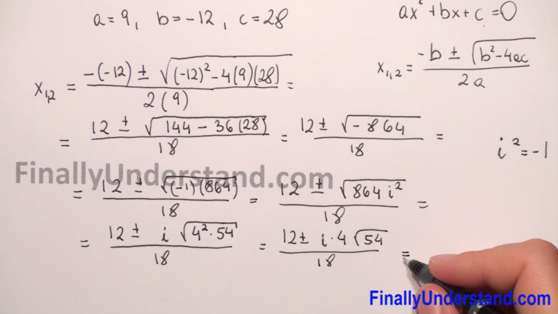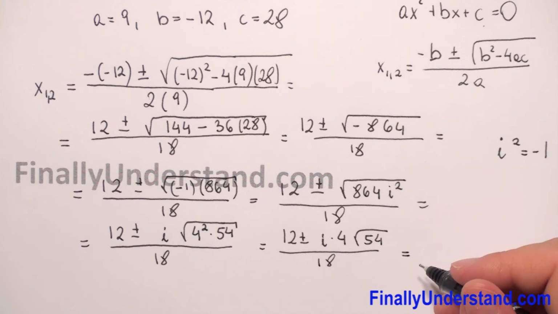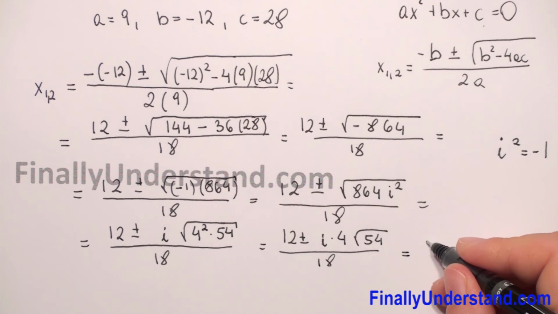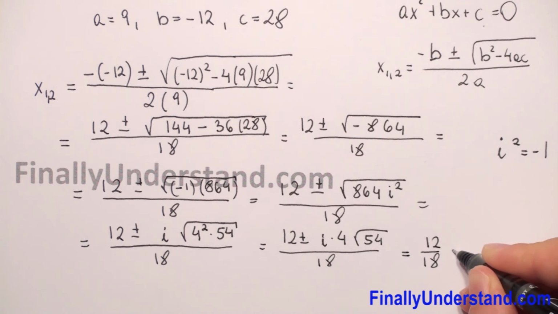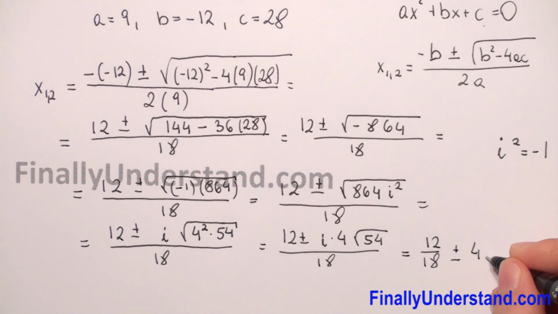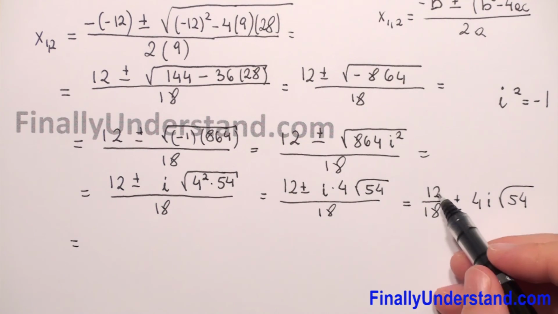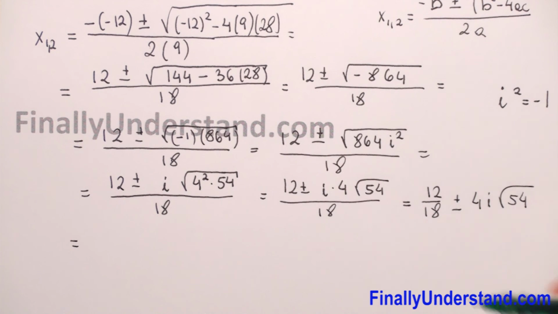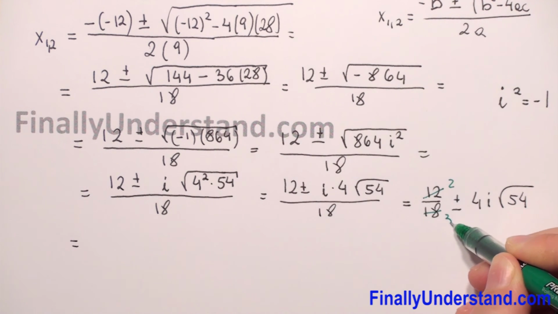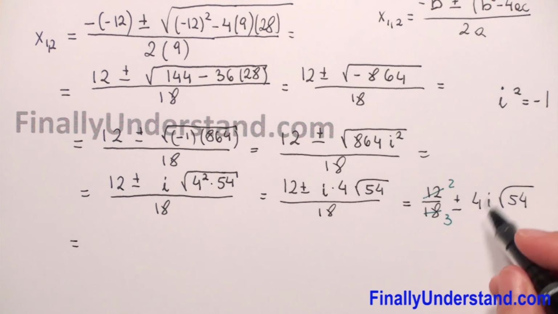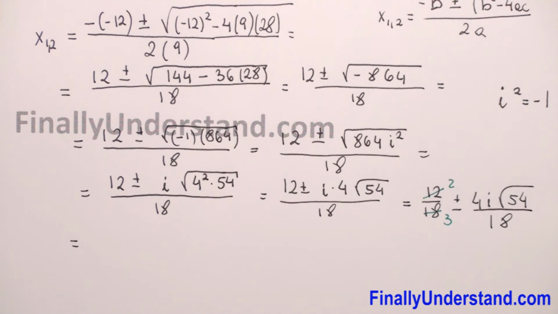Now we can rewrite this as 12 over 18 plus minus 4i square root of 54. So this is equal to 12 and 18, which we can divide by 6, so it will be 2 and 3, over, of course I forgot, here should be over 18, and 4 and 18 we can reduce, so it will be 2 and 9.